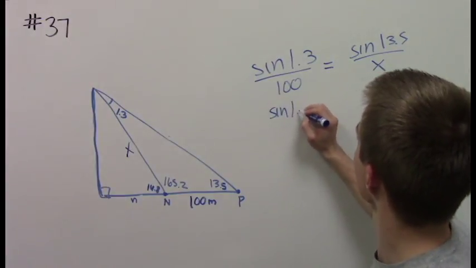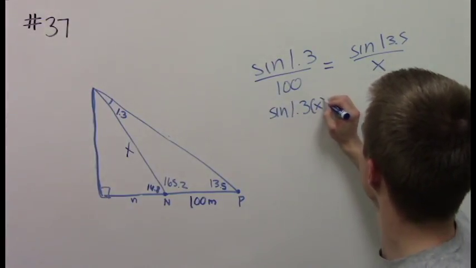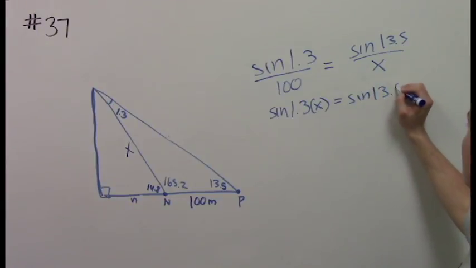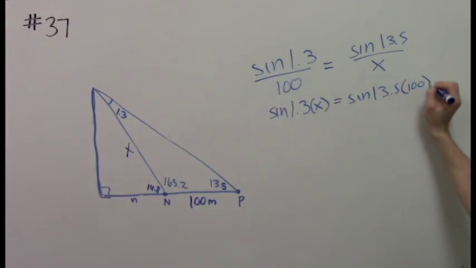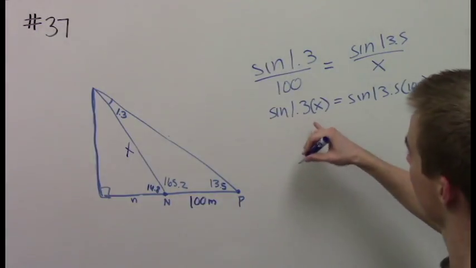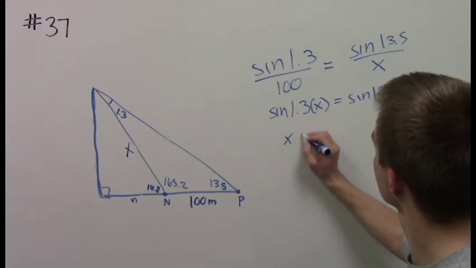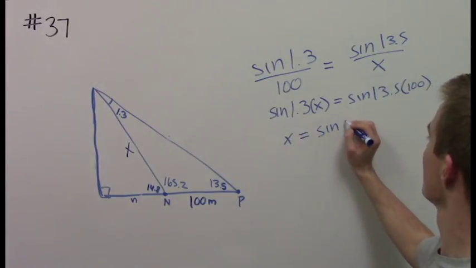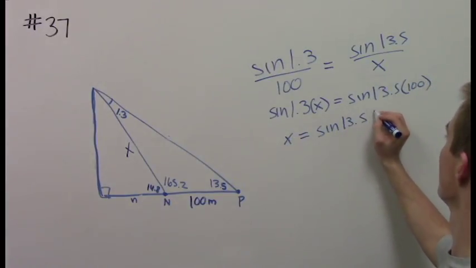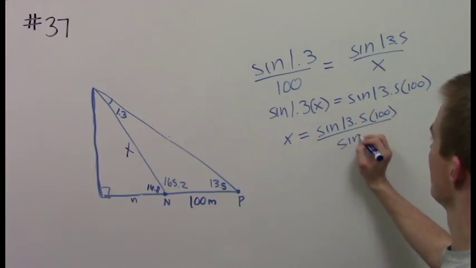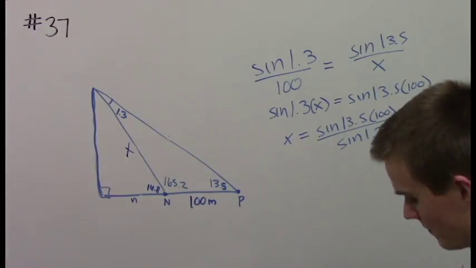We get the sine of 1.3 times x is equal to the sine of 13.5 times 100. Now we can just divide both sides by sine of 1.3. We get x is equal to the sine of 13.5 times 100 all over the sine of 1.3.